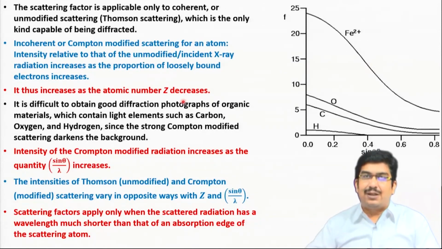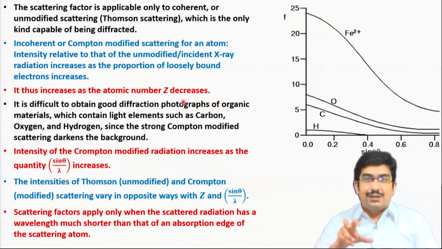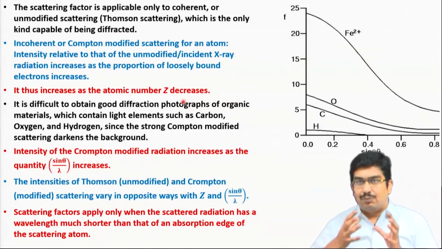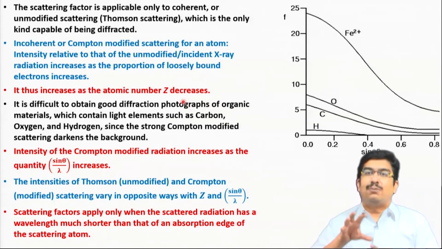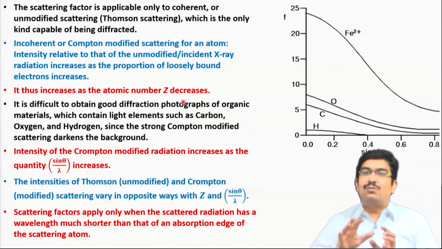If it is a light element, a low atomic number element, then the electrons are much closer to the positively charged nucleus, and the binding force with which the nucleus attracts the outer shell electrons will be much higher.